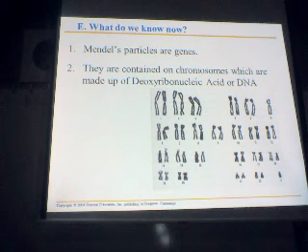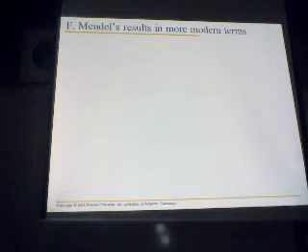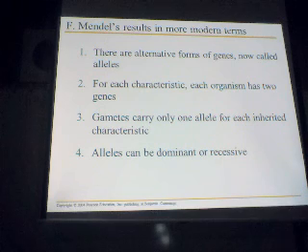So what do we know now? Looking a couple hundred years ahead of when Mendel did his work, we now call Mendel's particles or his factors, genes. And we know that our genes are contained on chromosomes, which are made up of DNA, deoxyribonucleic acid. We know there's alternative forms of genes. We call them alleles. For example, there's a gene for hair color.